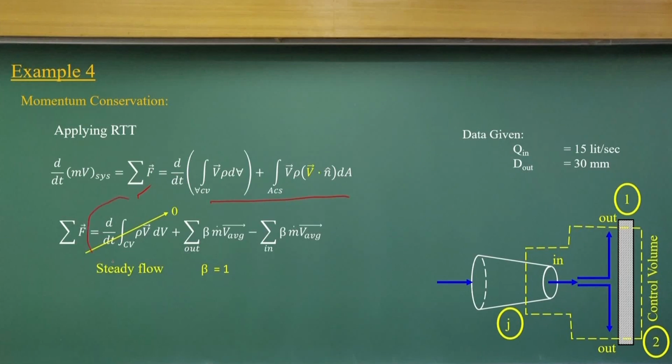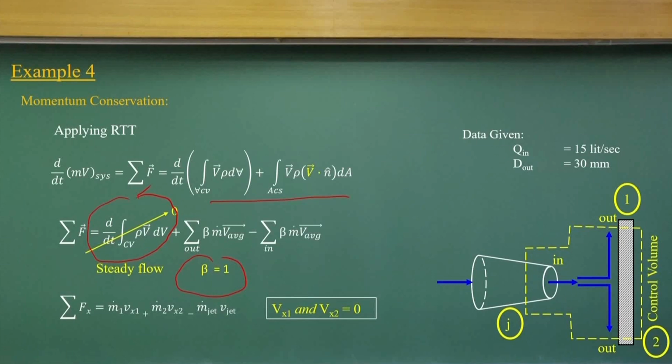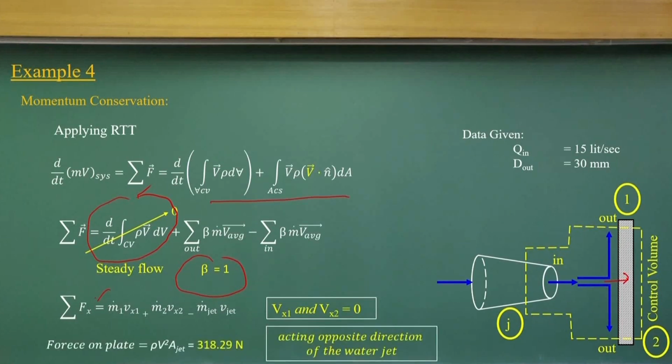Then we simplify: this term becomes 0 because of steady flow, beta is equal to 1, and again taking the x direction force component, which computes the force acting, we get rho v square A z, where V we already know and A z is the area of the jet. That is the force on the plate, acting in the direction opposite to the water jet, and that force will be approximately 318 Newton.